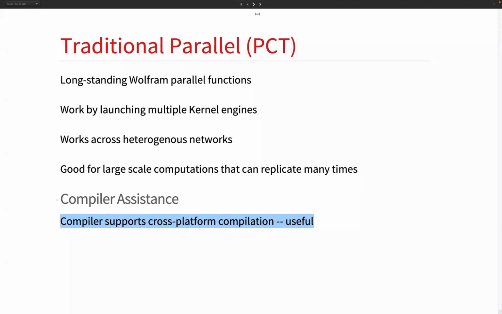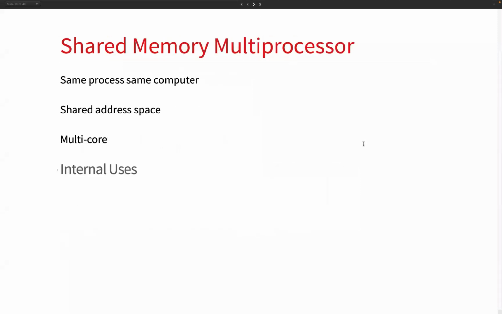But what I'm going to talk more about today is another form of parallel computing that is also important, and that's shared memory multiprocessor. That's same processor, same process, same computer, and it's using the multi-core nature of modern processors. I'm going to call this multi-core parallelism, but maybe that's not always the best term.